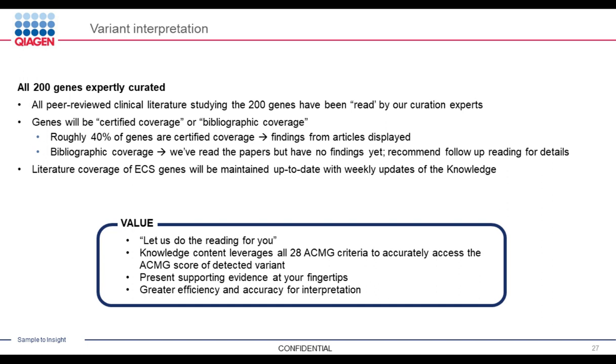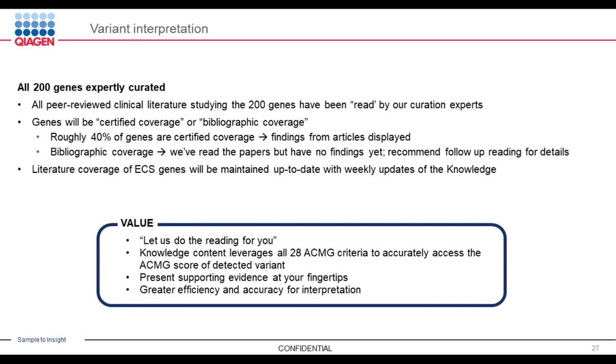Genes that are certified coverage have the findings displayed in the user interface of our interpretation tool, which I'll explain later. And the bibliographic coverage means that we know of papers that have mention of those particular mutations. We just haven't entered that information into the knowledge base, but we would recommend follow-up reading.